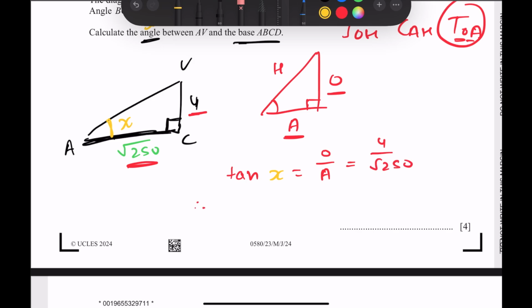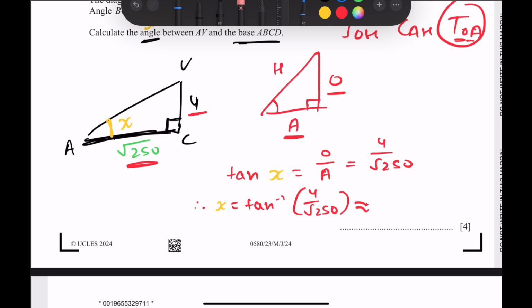Therefore, the value of X is equal to tan inverse of 4 by root 250, which we round to 1 decimal place. For any angles that are not precise, for example 19.2222345, you have to round it to 1 decimal place regardless of how many significant figures there are.